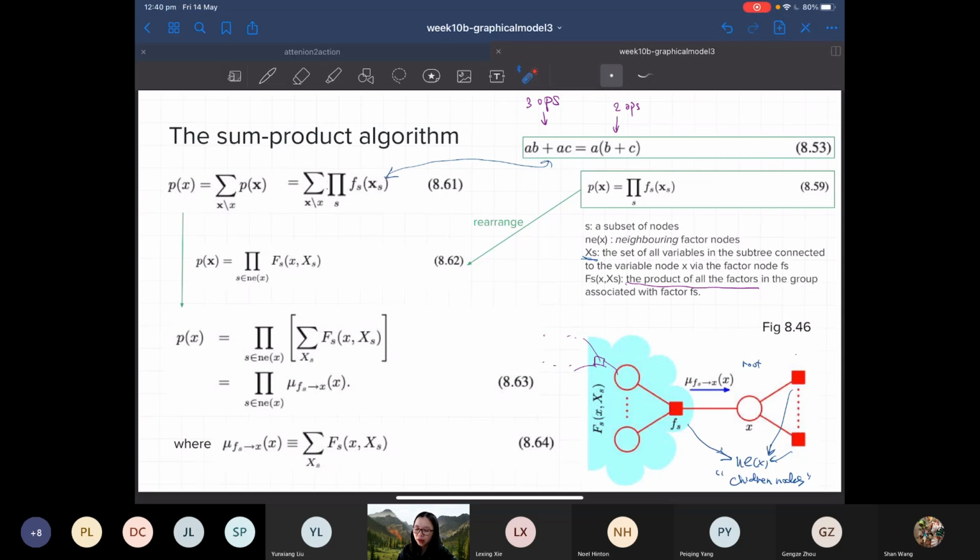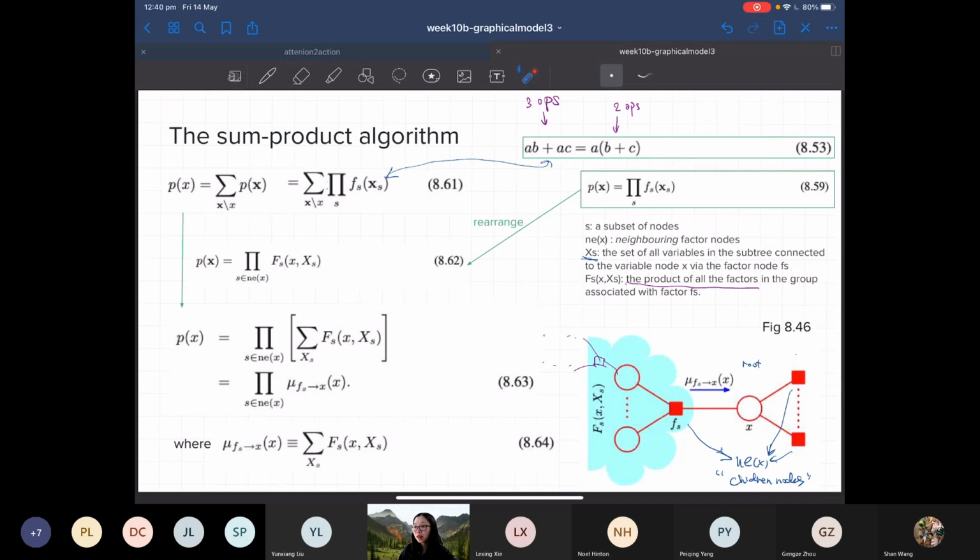It's defined as the product of all factors, including itself here, actually, with the remaining nodes marginalized out. Okay, this is the first step of the sum product algorithm.